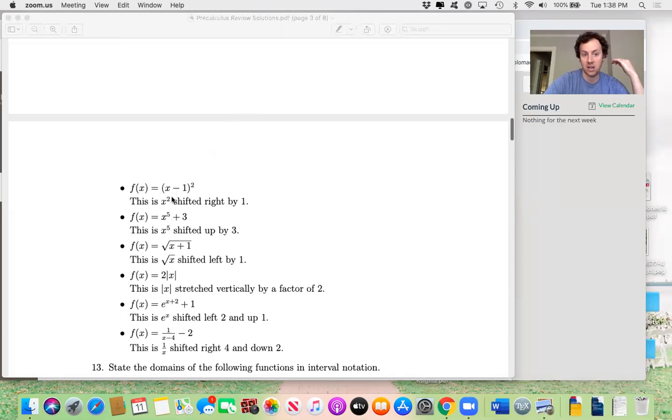This one is x squared, then x to the fifth, the square root, and so on. There's a basic function, and that's going to be the main shape. So how I would go about understanding this is you first look at this and say, okay, this is x squared. So I have this shape that I'm going to be tracking.